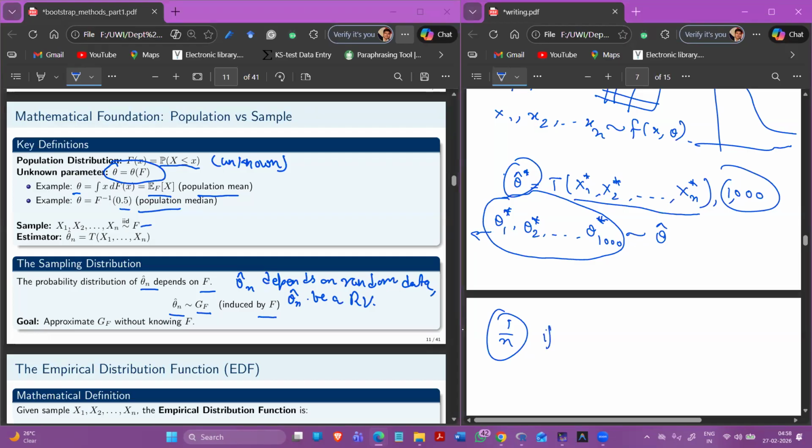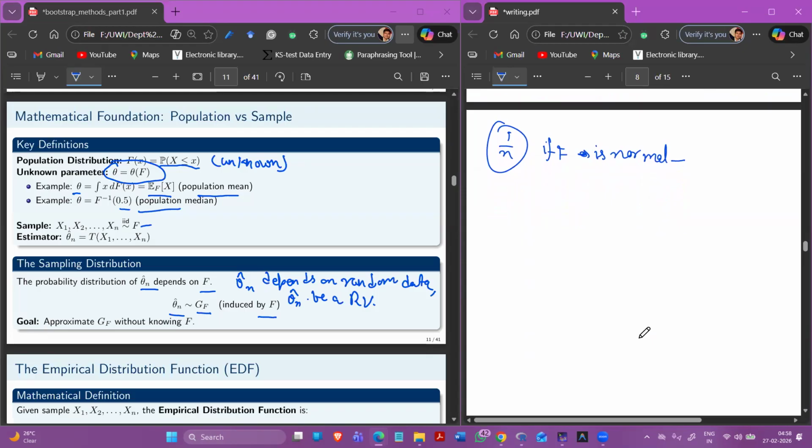Because if F is normal, we don't know what F is exactly, because we don't know about the population. But if F is normal, then definitely our sampling distribution may be normal.